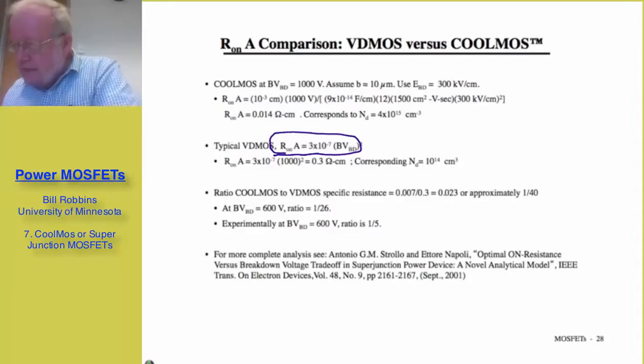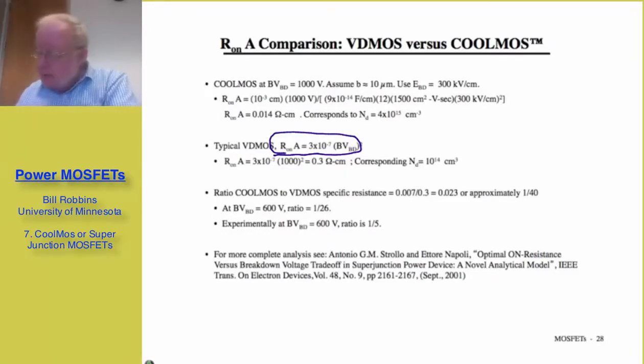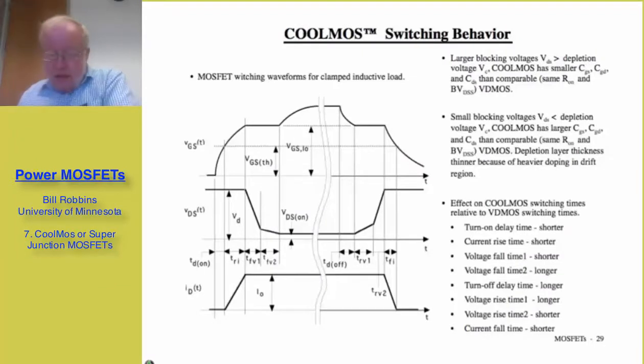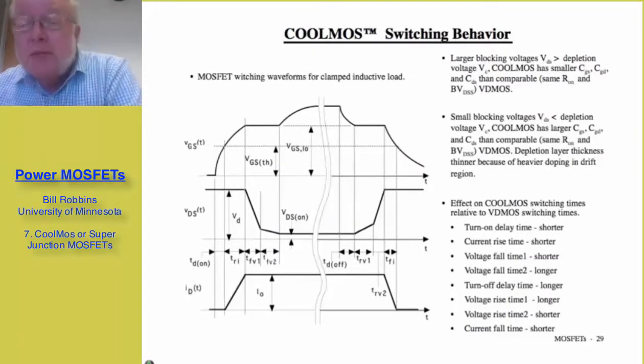Well, just a quick final slide to indicate COOLMOS switching behavior. Overall, it qualitatively looks the same as a vertically diffused MOS. From a quantitative viewpoint, we can make a few observations. At the larger blocking voltages, where the voltage is larger than the V sub C, the COOLMOS is going to have a smaller gate to source and gate to drain capacitance.